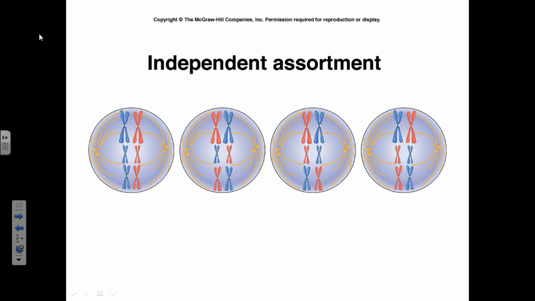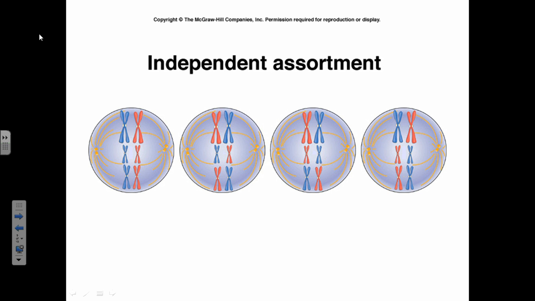Its homologous chromosome. If red is from mom, then blue is from what? Dad. And they line up across from their partner, always. So instead of us having 2 rows of 3 pairs, we would have 2 rows of how many pairs? How many pairs? 23, right? Instead of having 2 rows of 3, we would have 2 rows of 23.